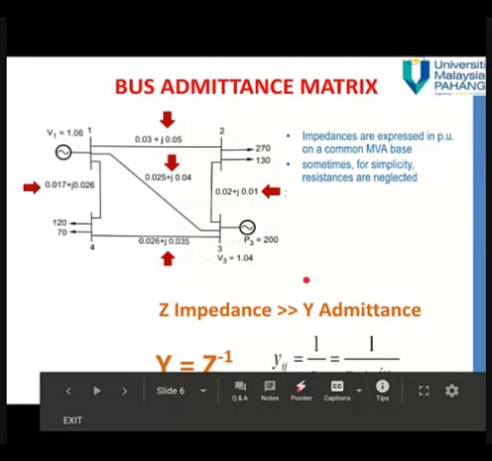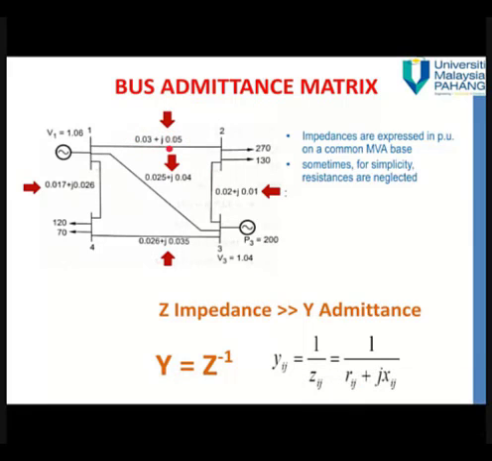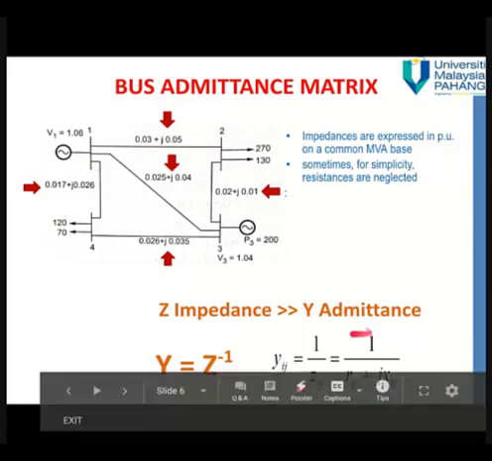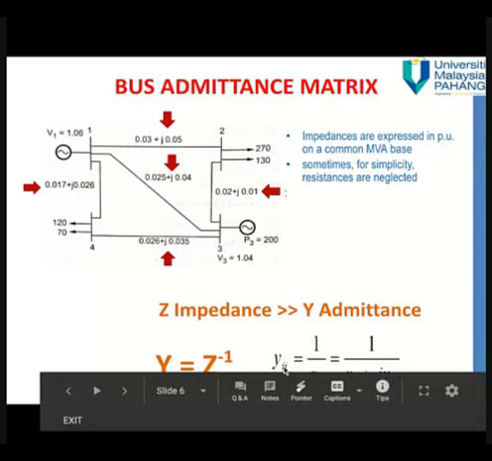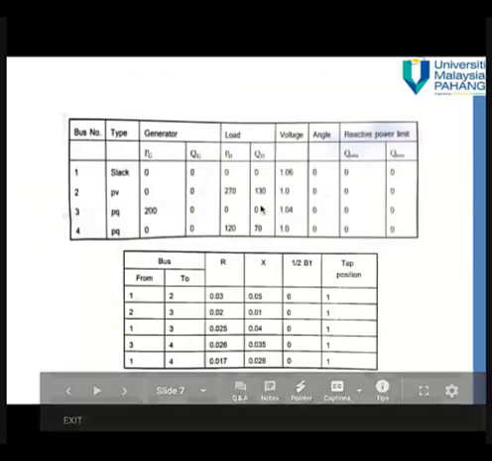If you can see that, your small letter y means that is the admittance at the particular line. Meaning that you need to change from Z to Y. Okay, so how can we do that?